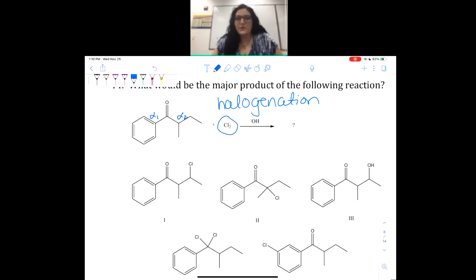Alpha 2, cool, and why is that? Because they're both secondary. They both have 2 carbons, right? So why is alpha 2 better than alpha 1? You're on the right track, but it's even more obvious if you just take a look.